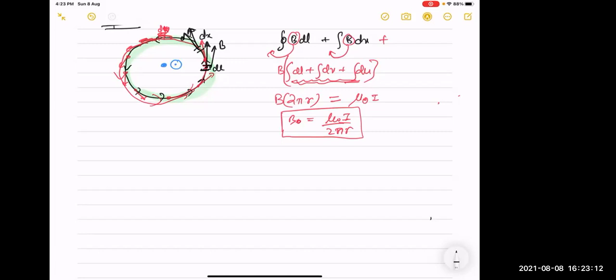No, sir, see, the example we just saw here in the second part, it was given that when R is less than A, it is taking the current as I times pi R square by pi A square, which is I R square by A square. Yeah. इसमें what is the radius? मतलब what is the radius up to which you are taking? X, and the A, for the second one, it's x by 4.